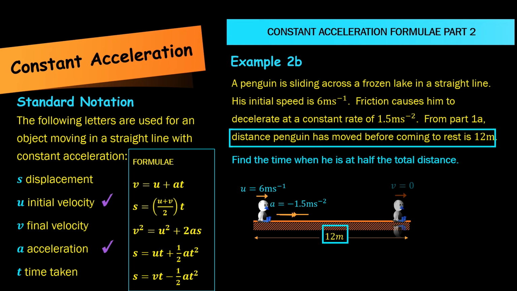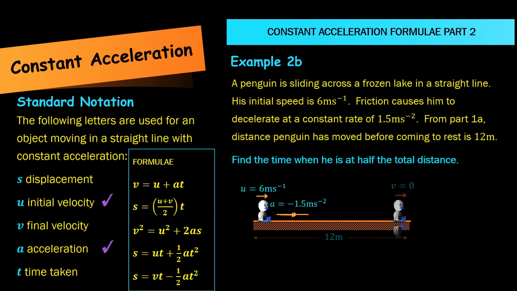This distance is 12 meters. We found that from part A. So half this distance, and we're going to find the time when he's at half the distance, time t. And of course we have, for this journey, a distance of 6 meters, so S equals 6 meters.